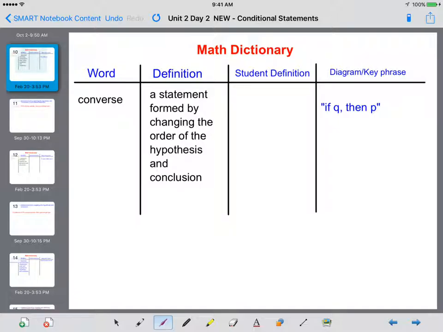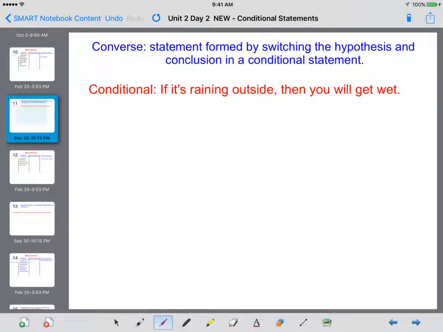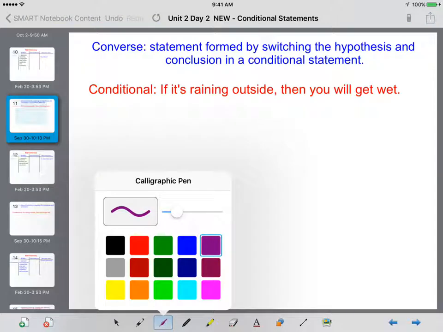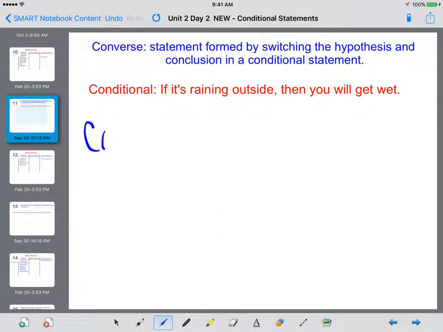So it says if Q then P. So remember our conditional was if P then Q. So the converse would be reversing the order. Here's an example. The conditional says if it's raining outside, then you will get wet.